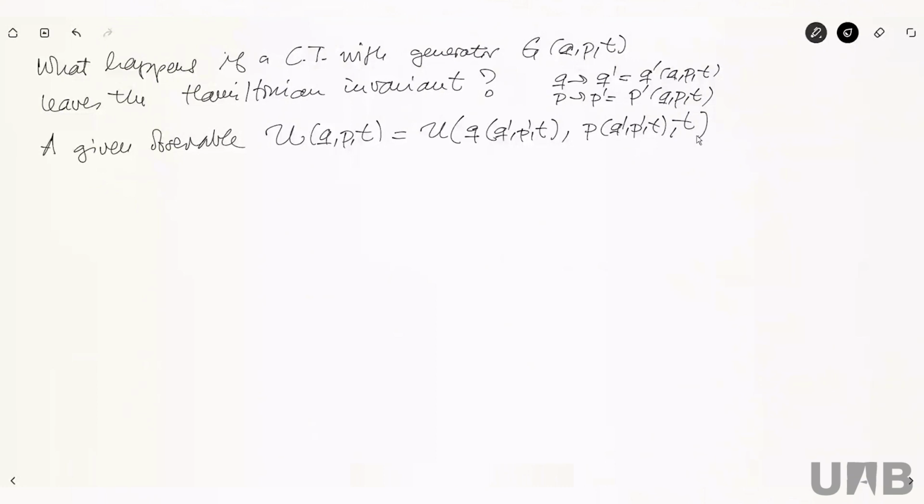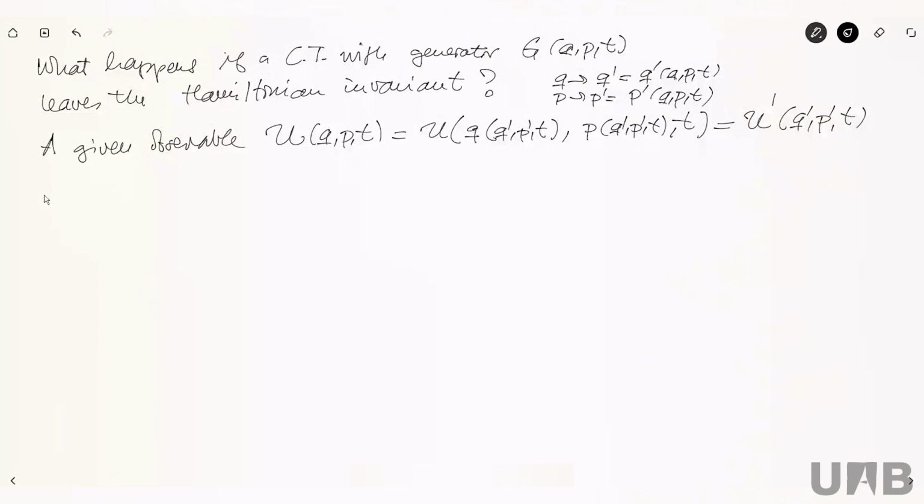So this thing, which in principle is going to be a different function of Q prime, P prime, and T after I make a change of variables, as a function of the new variables is not going to be exactly the same function as it was before. It's going to be a new function in general.